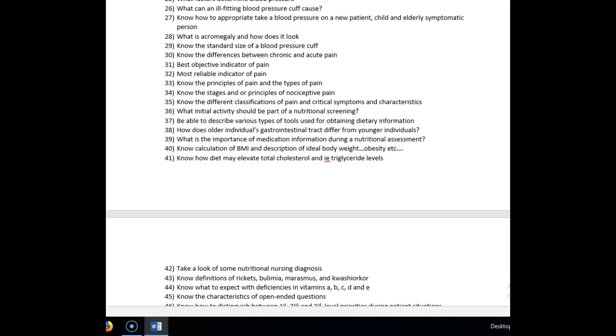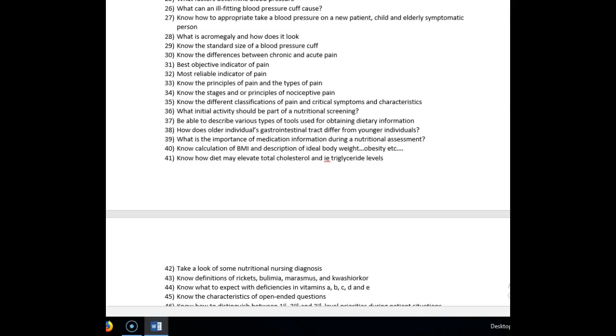Also, a person with bone problems can have what they call rickets. You can read up on that, it's all on page 189 in your book. That's related to vitamin D and calcium deficiencies, and a lot of times that's common in infants and children.